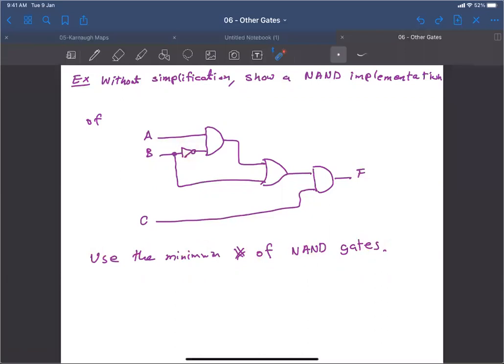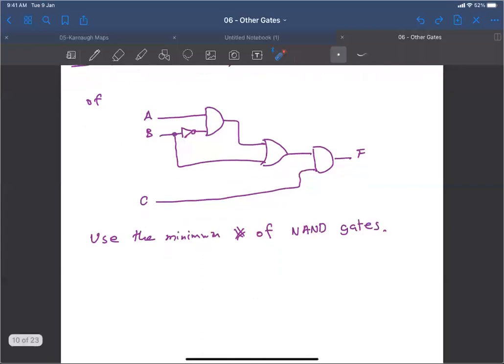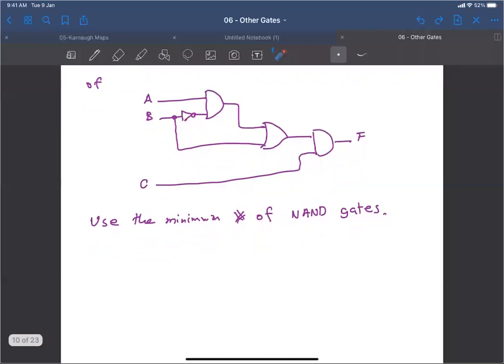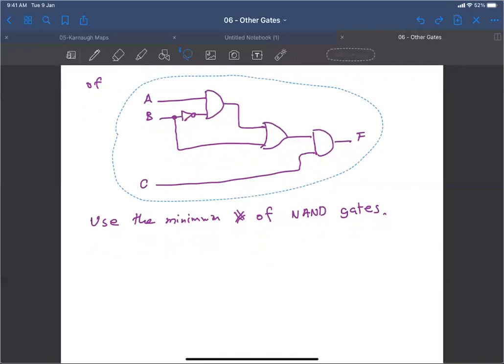If the question says NAND only and minimum number of inverters, then it is okay to use inverters. But in this question, it's only NAND gates. We will use inverters during the conversion process, and for the final version, we will convert these inverters into NAND gates. So let's copy this circuit to work it out using the steps that we mentioned.